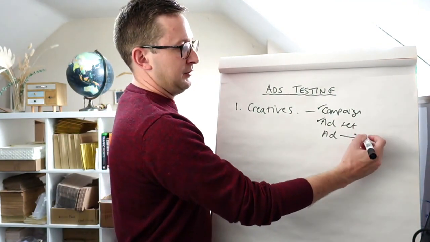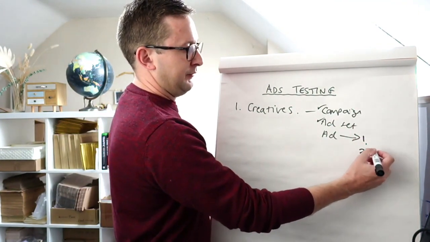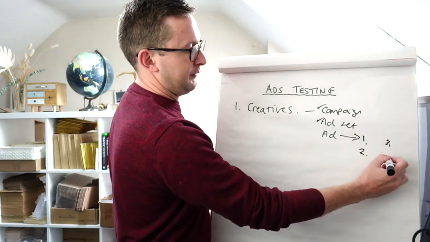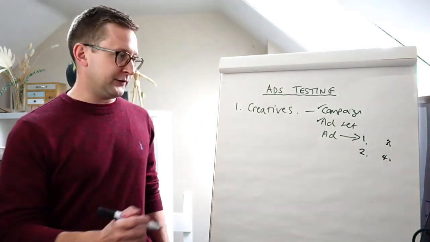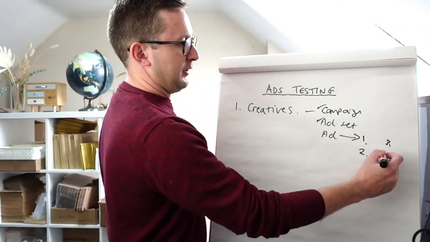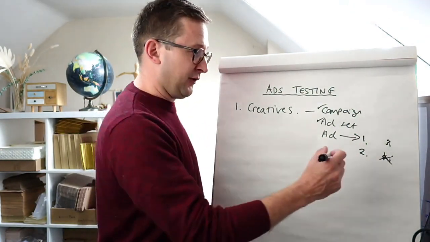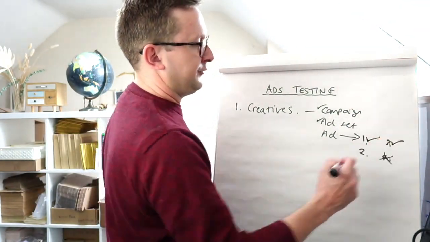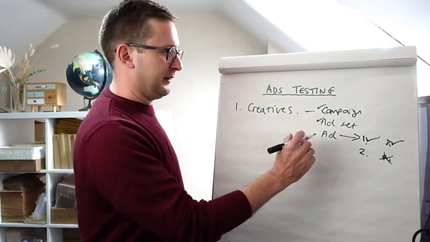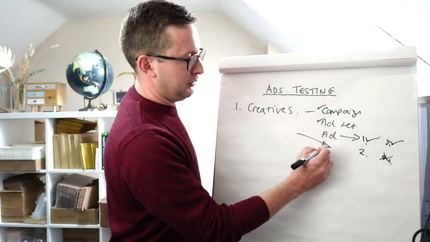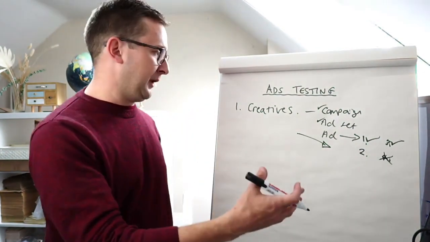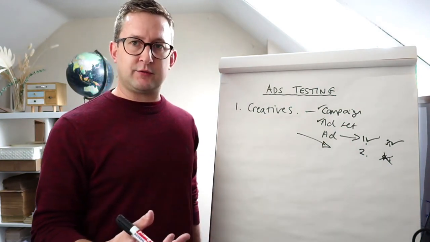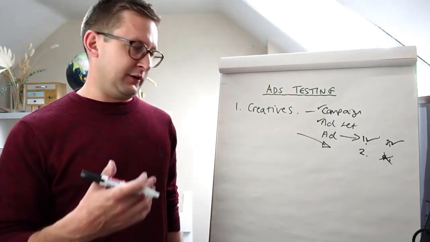And then you're going to run variations of creatives. That's going to weed out the ones that are no good, that are not performing very well, and the ones that do perform well. Then over time, you're going to pour more creatives in and repeat this process and keep testing those creatives because they will eventually tire.